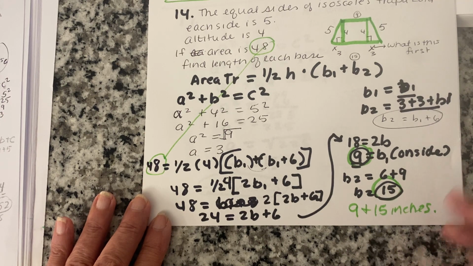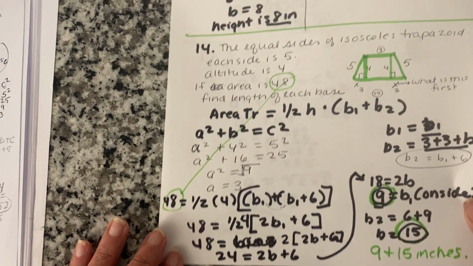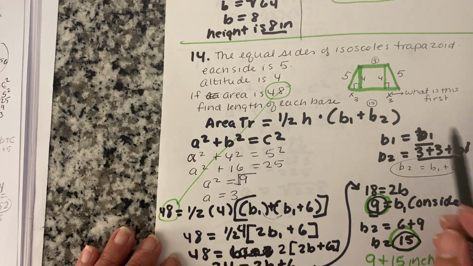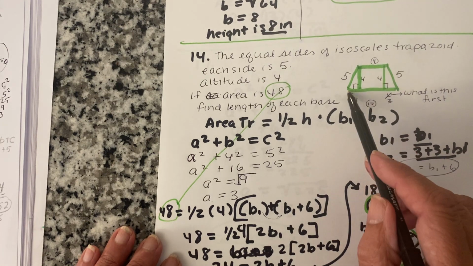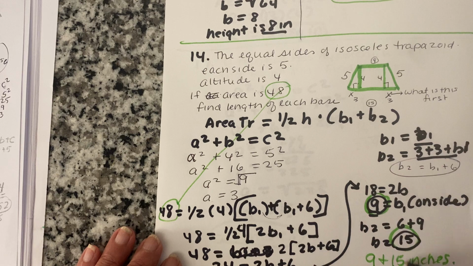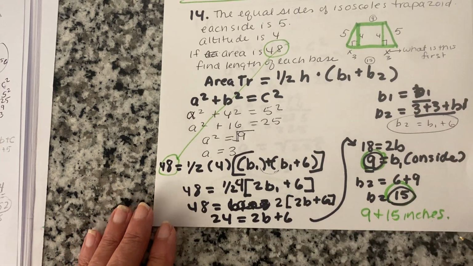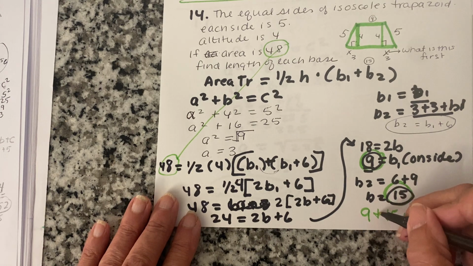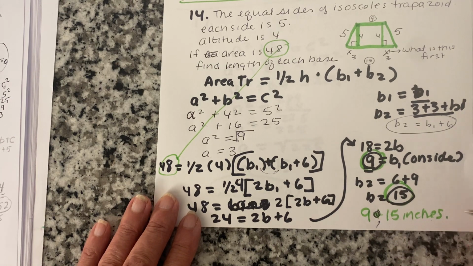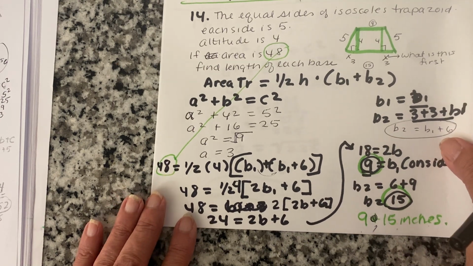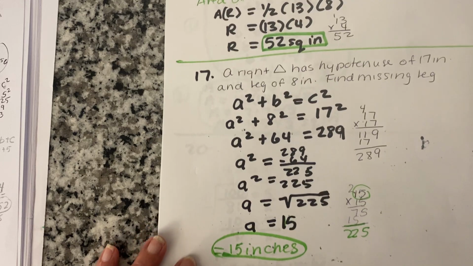So b1 is 9 inches right here, and b2 is going to be 15 inches. Those are the two bases: just put 9 and 15 inches. One's going to be 9, and the other base, the longer one, is going to be 15 inches.